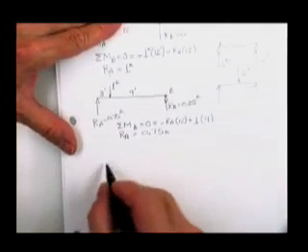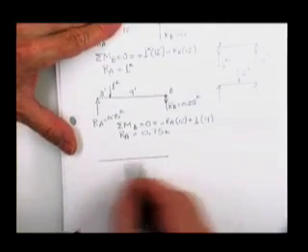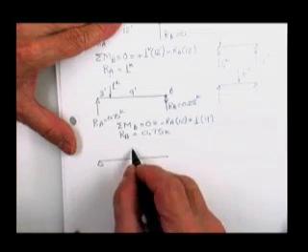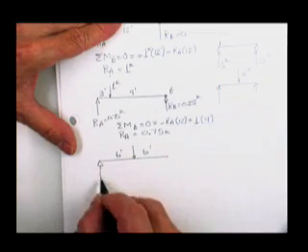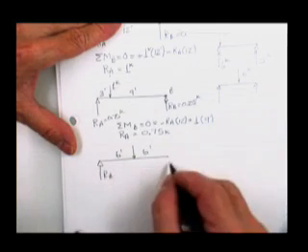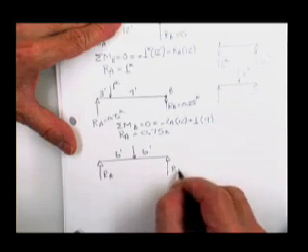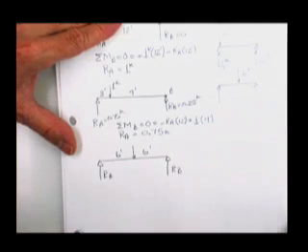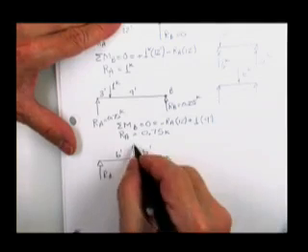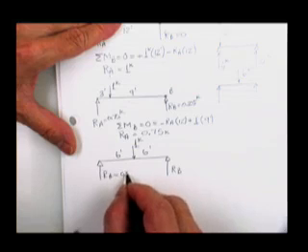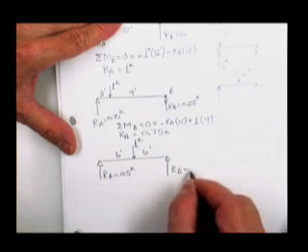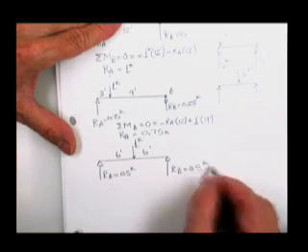Now then I'm going to take the structure and I'm going to put the unit load in the middle. I got a reaction at A, and I've got a reaction at B. Due to symmetry, I'm just going to go ahead and tell you the answer: 0.5 kips, 0.5 kips.